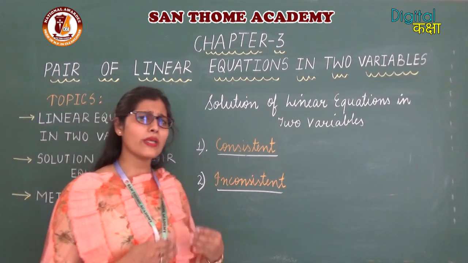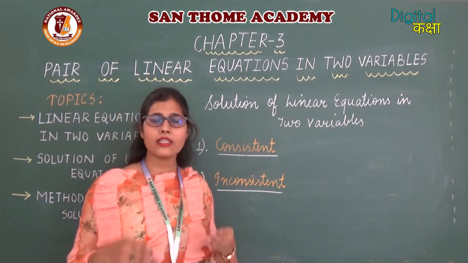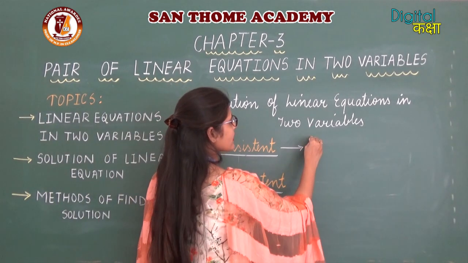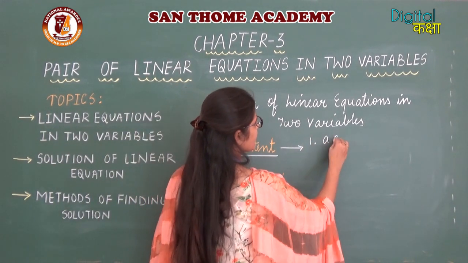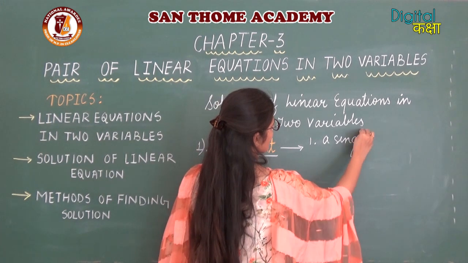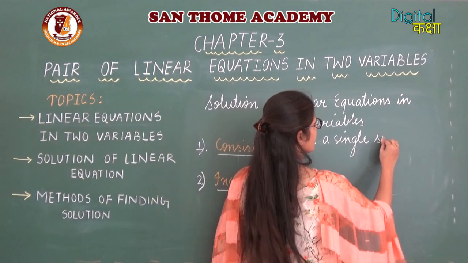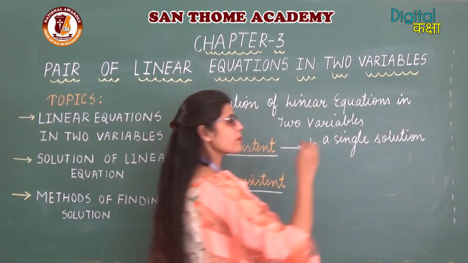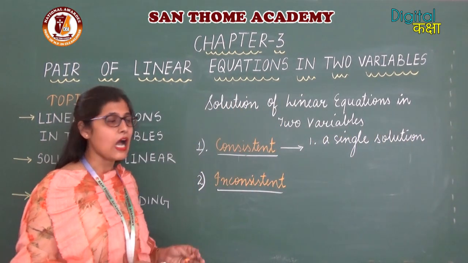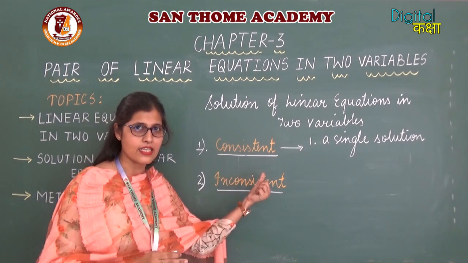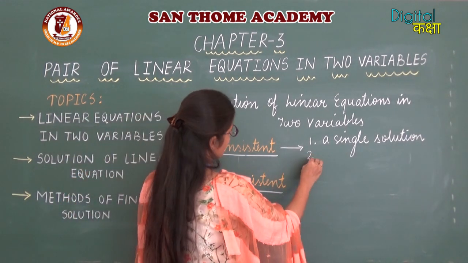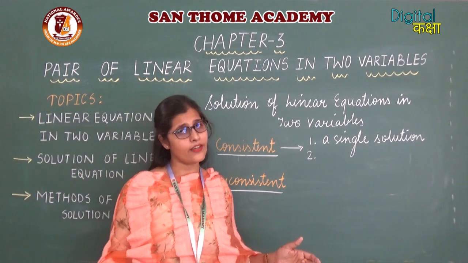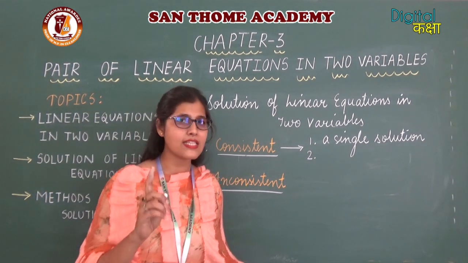Now when you are solving the linear equations, either you are getting a single solution. When you are getting a single solution, then such a pair of linear equations is called consistent. Now you can get infinitely many solutions also. It's not defined that every time you will be getting only one solution.